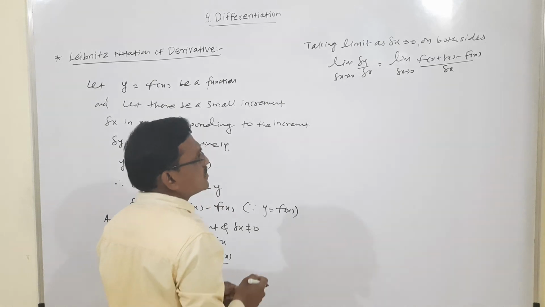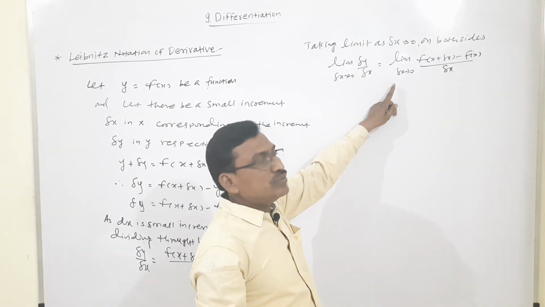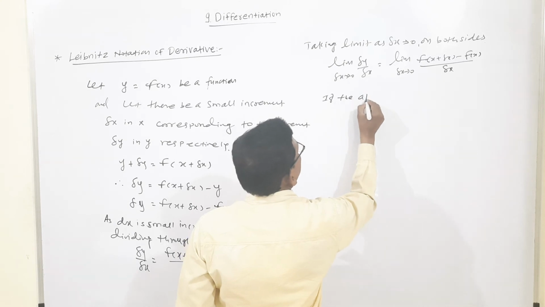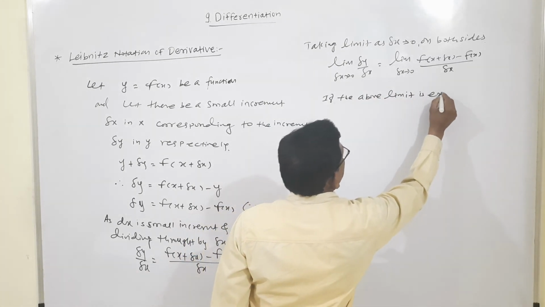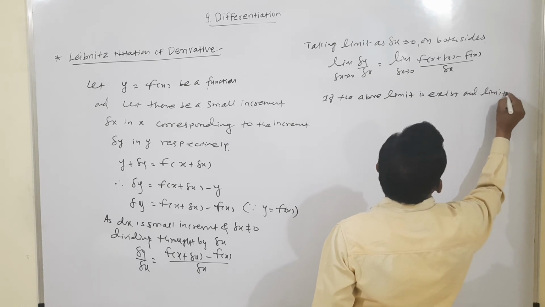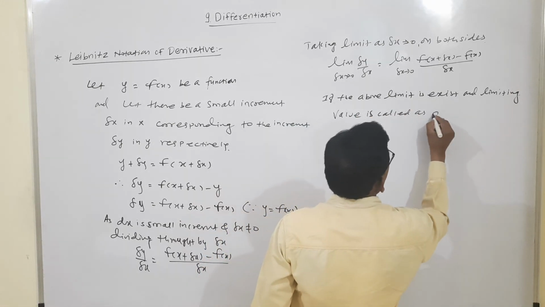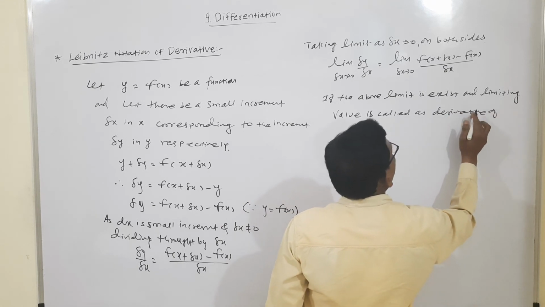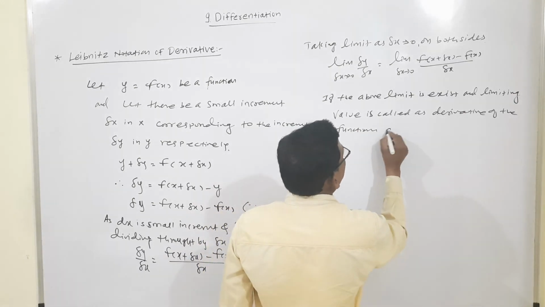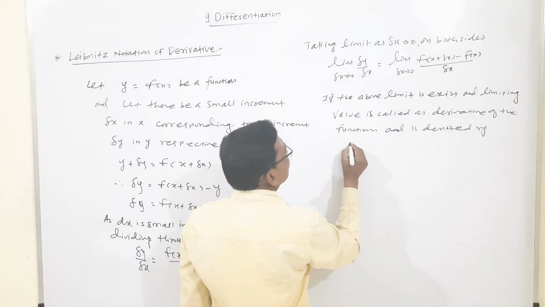If this limit exists, then the limiting value is called the derivative of the function, and is denoted or represented by dy by dx.